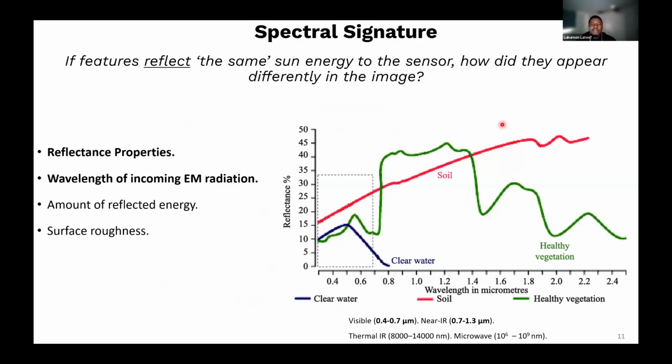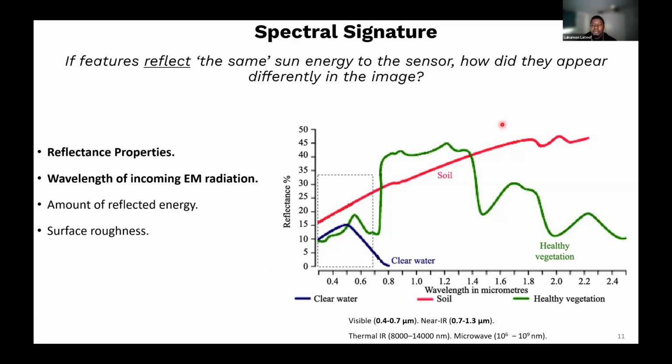So you could be wondering, I am talking about energy being reflected, then how do we differentiate features in an image? How are we able to see buildings different from vegetation, or water different from other features? So we have what we call the unique signature of major features on the Earth's surface. These major features are water, vegetation, soil, or built up.